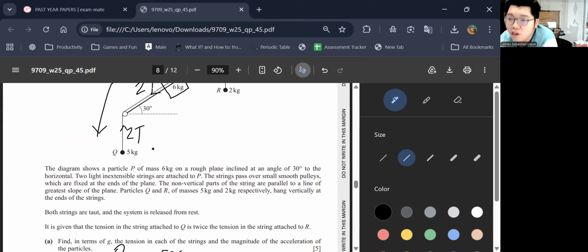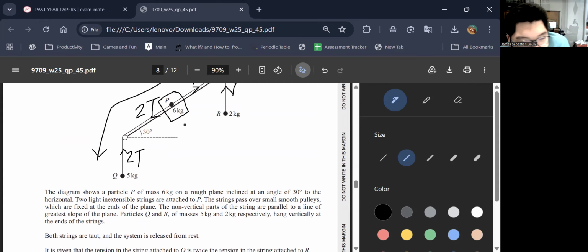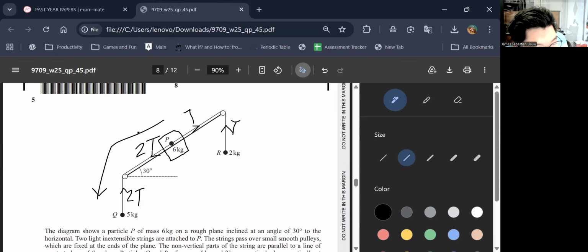Q will fall. Gravity wins because Q is heavier. So Q falls down: 5g minus 2T equals 5a. This is a basic application of Newton's second law. With R, what happens?